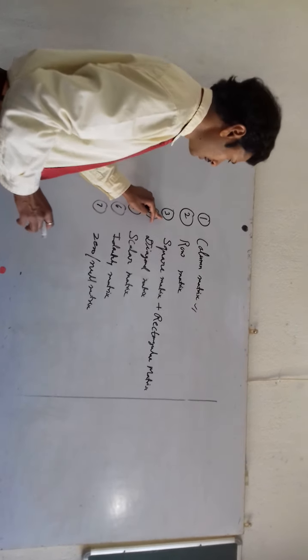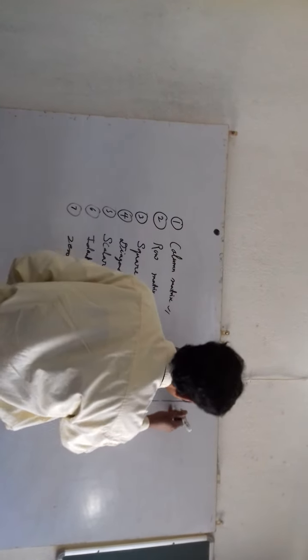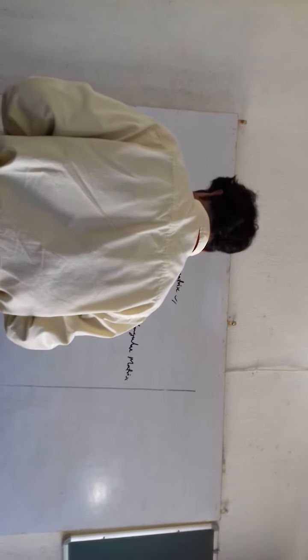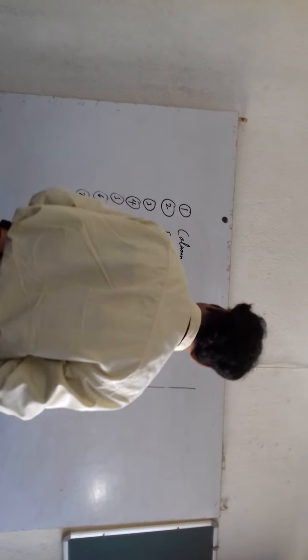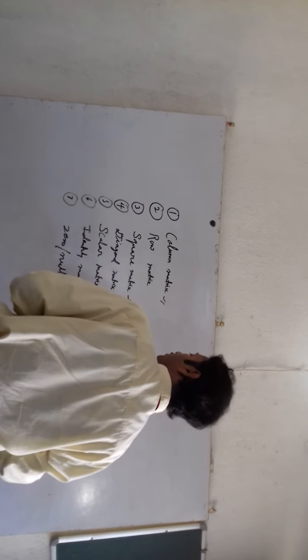Now let's know the third type of matrix, the square matrix.